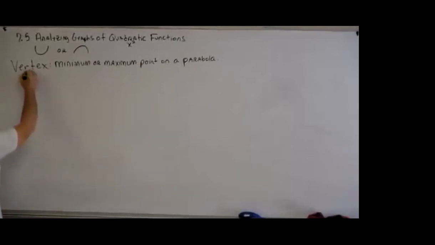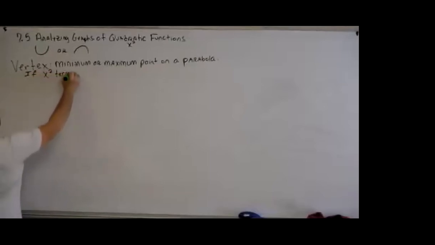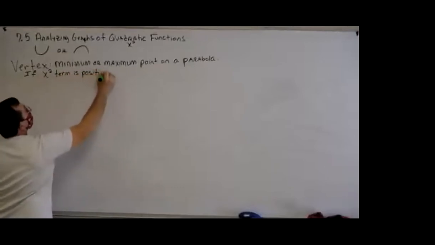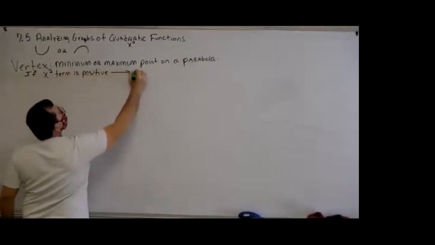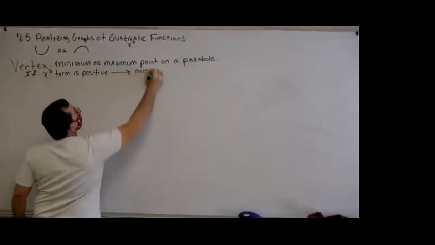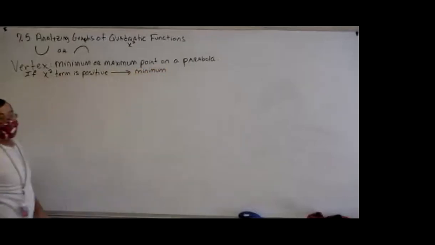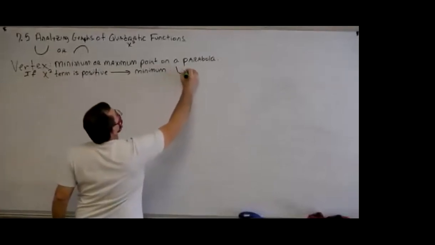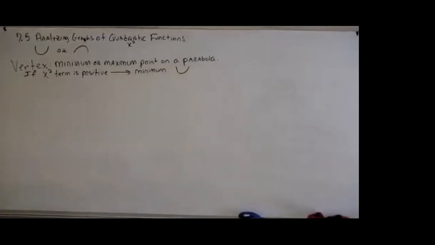If the x squared term is positive, then you're going to have a minimum. Okay, x squared term positive is going to be a minimum, and the graph will look like the U, okay?